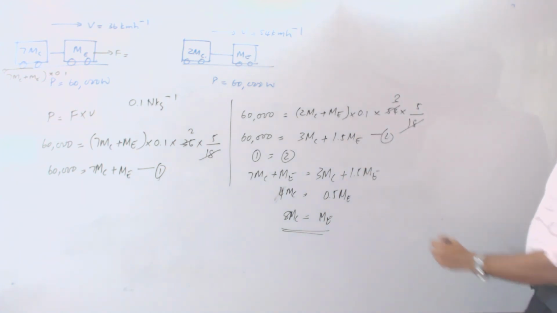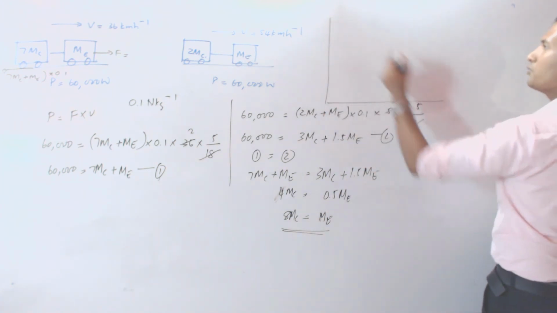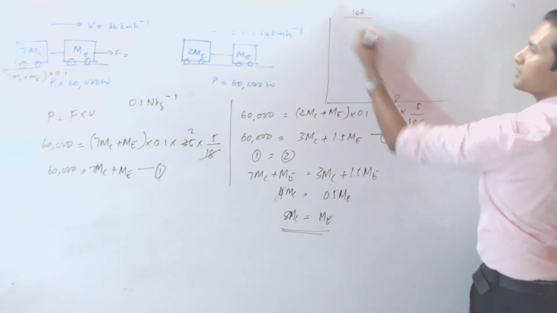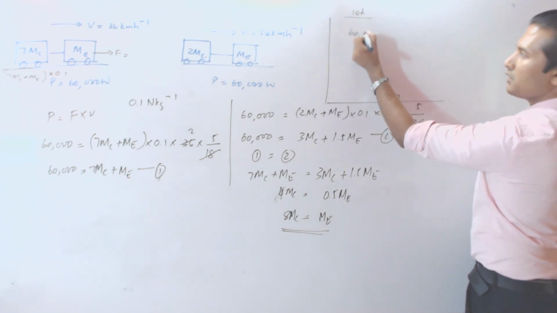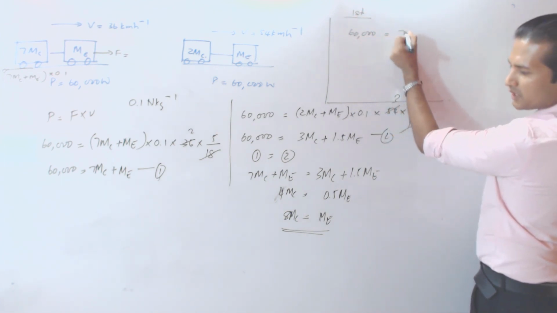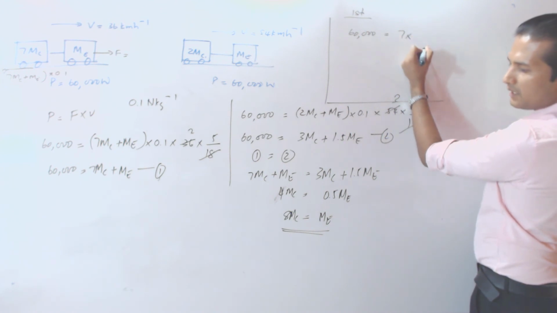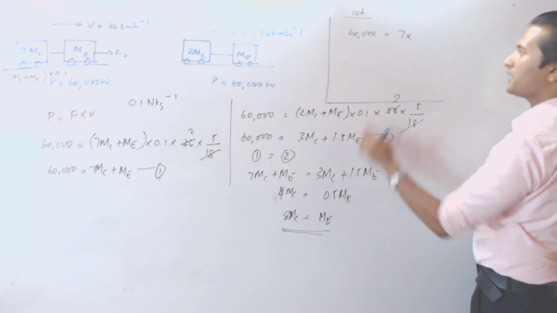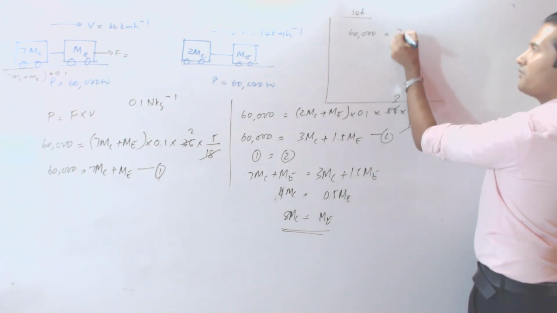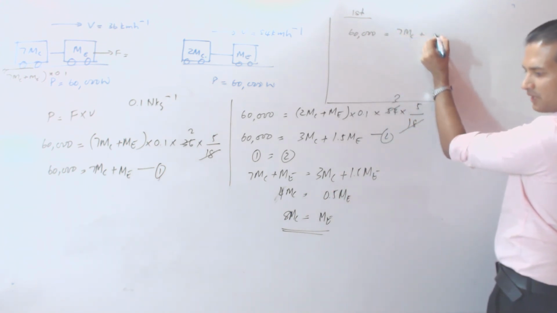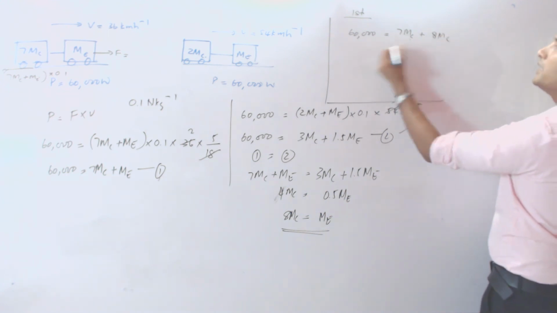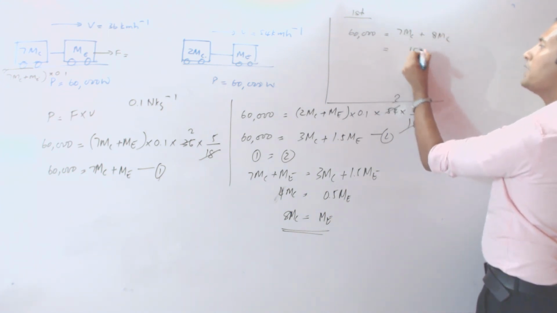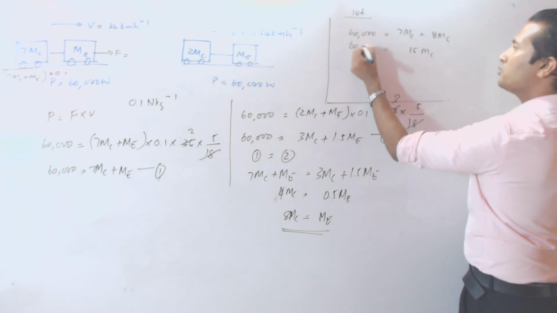Then you can consider the first equation. 60,000 is equal to 7 mc plus, instead of me, 8 mc. The total is 15 mc.